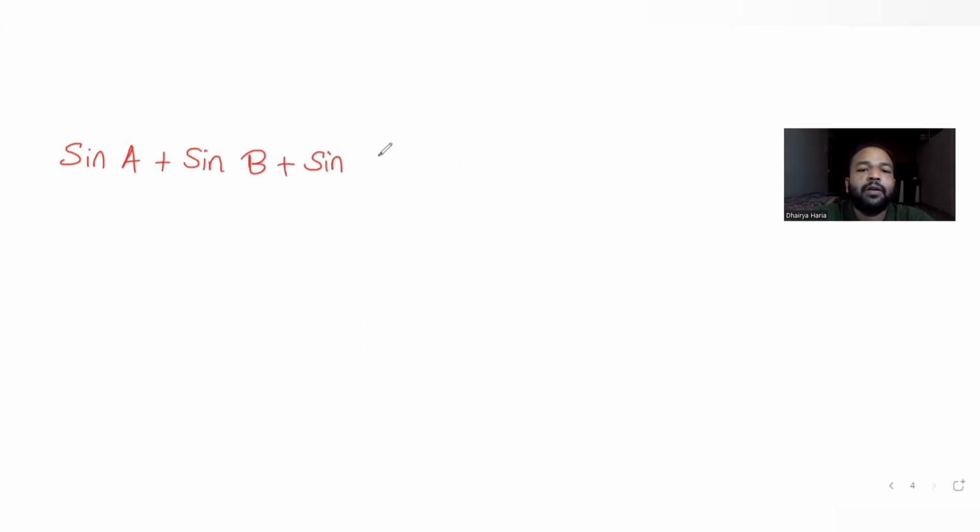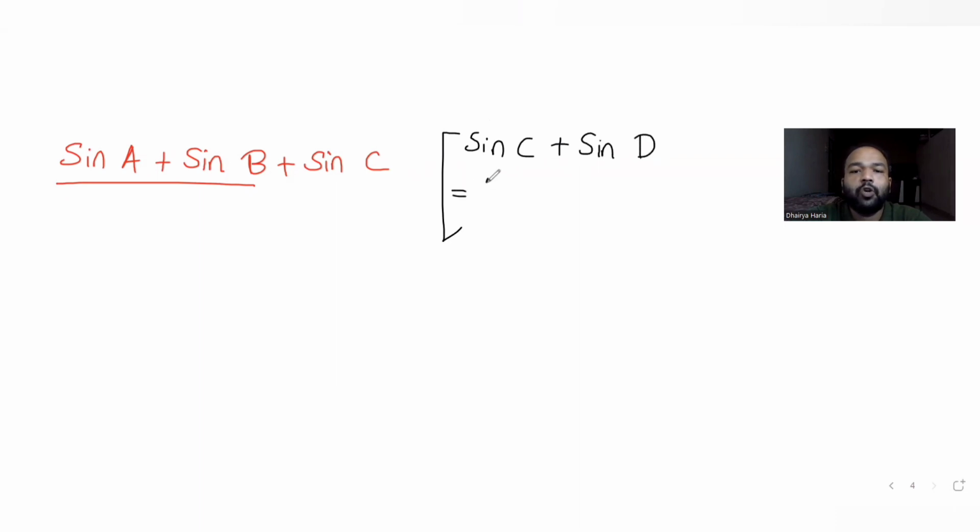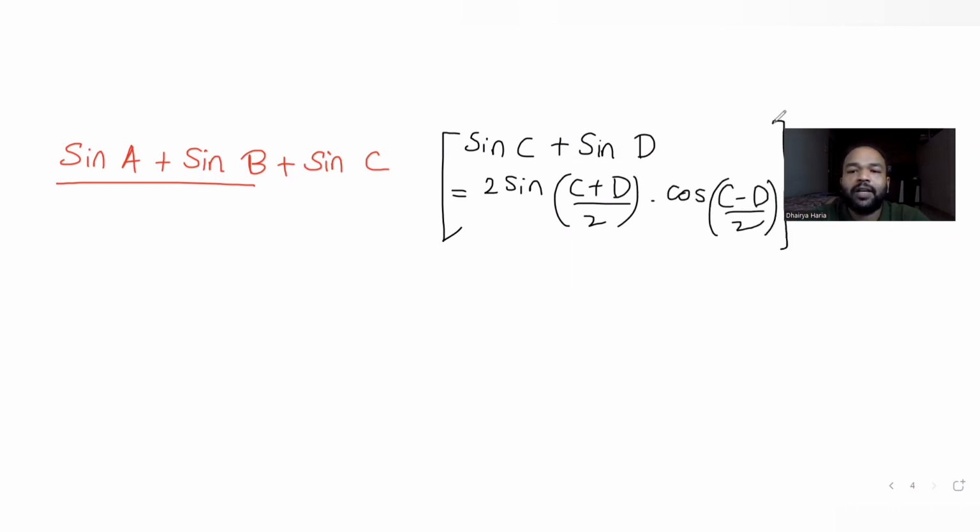For sin A + sin B, I can use the factorization formula that says sin C + sin D is given by 2 sin((C+D)/2) cos((C-D)/2). Using that idea of factorization, sin A + sin B is equal to 2 sin((A+B)/2) cos((A-B)/2).